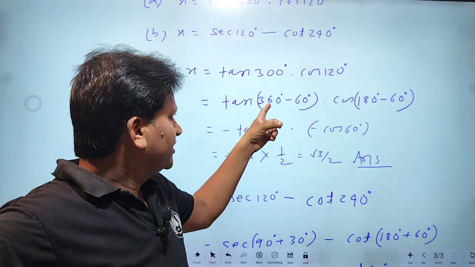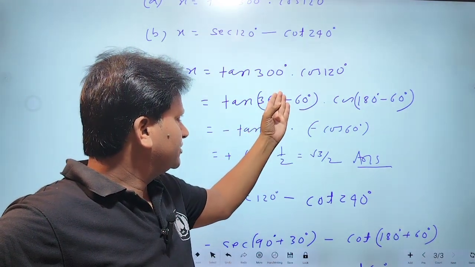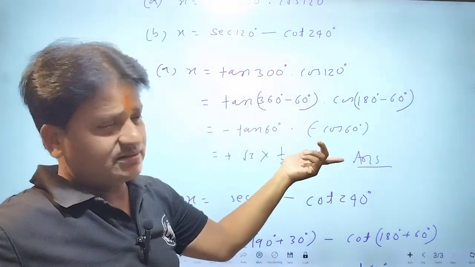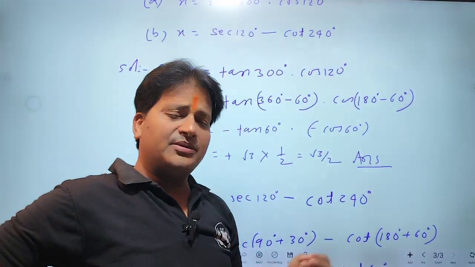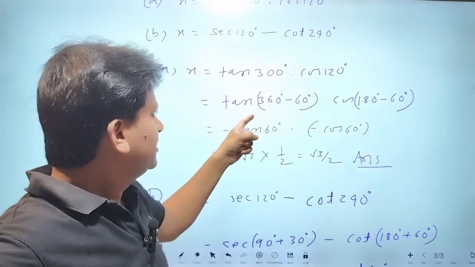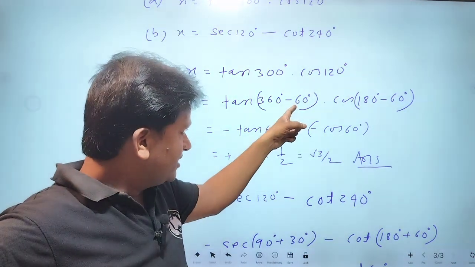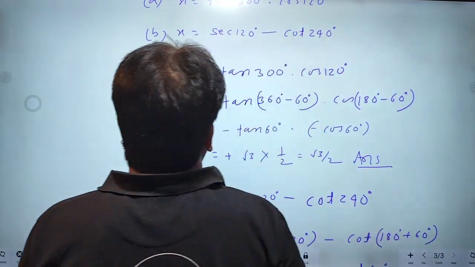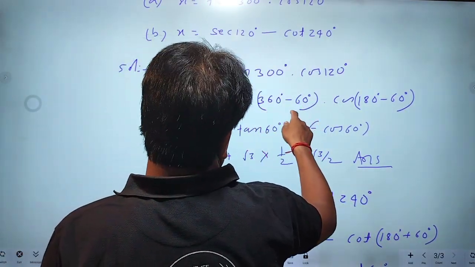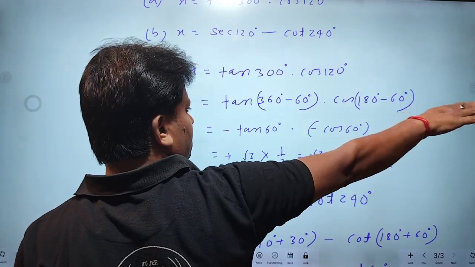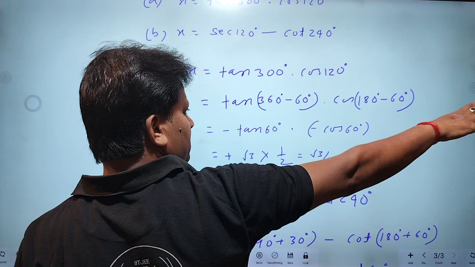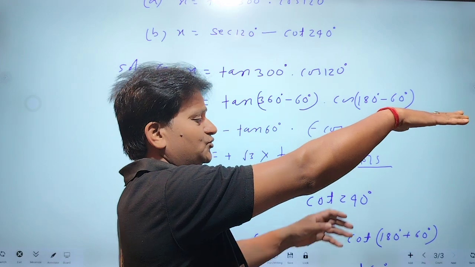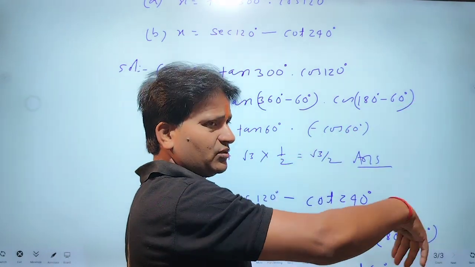Here, if you remove 0, then it will be even. This means that tan will remain in tan. Tan will remain same. Okay? In place of theta, here it is 60 degree. Tan 360 degree minus 60 degree. 360 degree is this position, and 360 degree minus 60 degree, negative sign shows that you should move in clockwise direction.